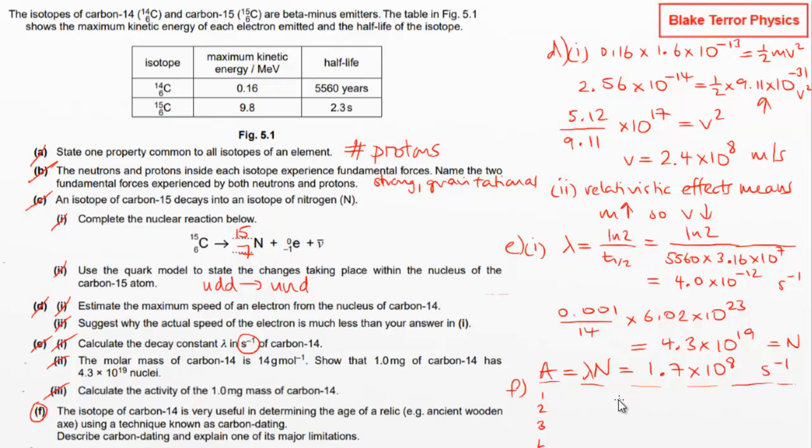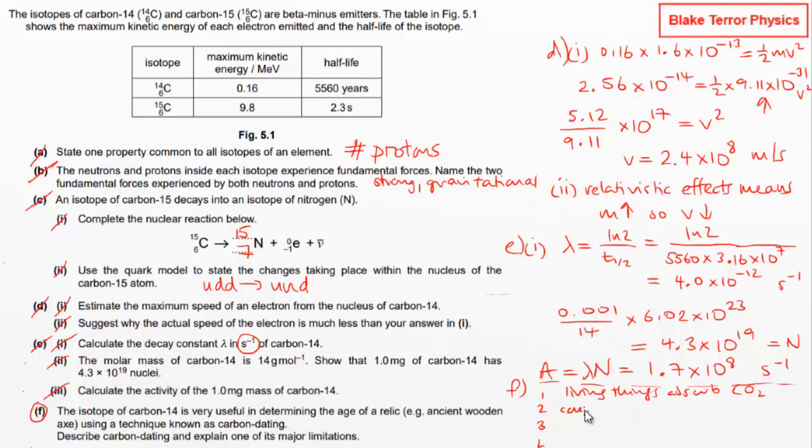So that's the first thing we need to do: say something about living things absorbing CO2 until death. Then we can take the present day ratio.